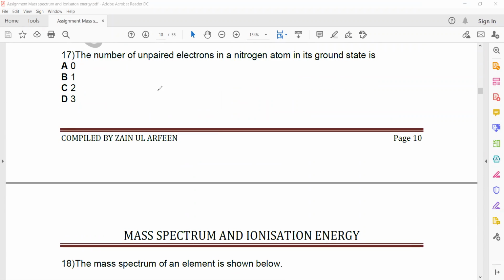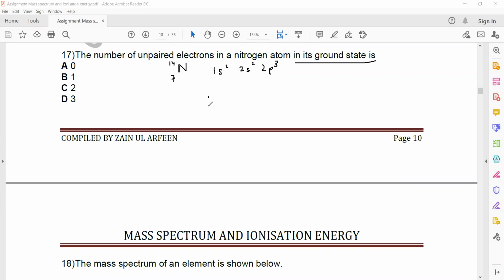The number of unpaired electrons in a nitrogen atom in the ground state. Ground state means it does not lose or gain electrons, a normal configuration. So when we draw the structure of nitrogen, it is 7 and 14. In terms of orbitals, it is 1s2, 2s2, and 2p3.